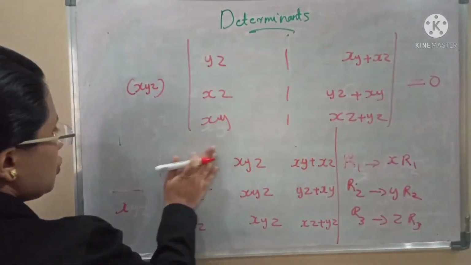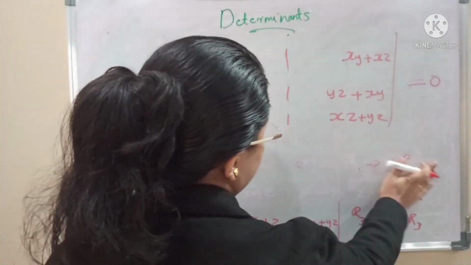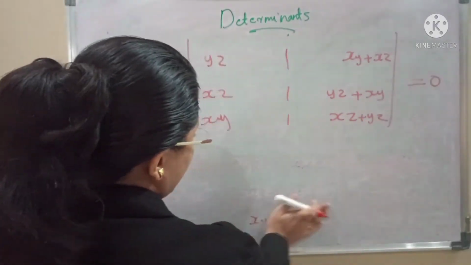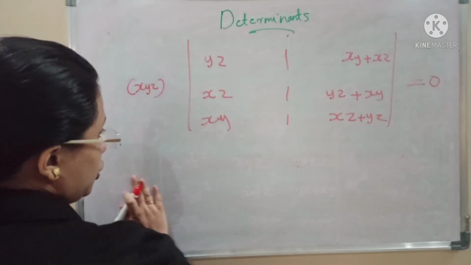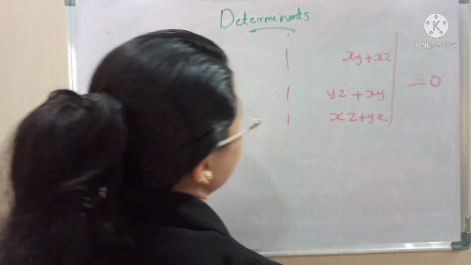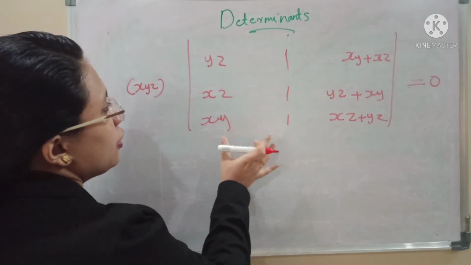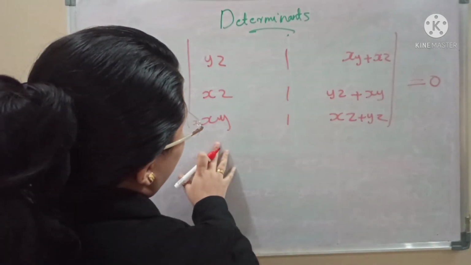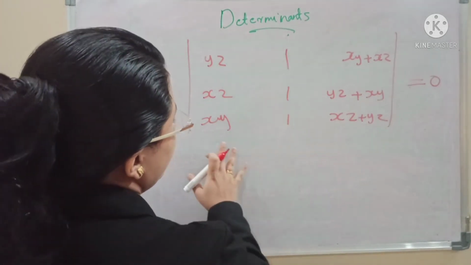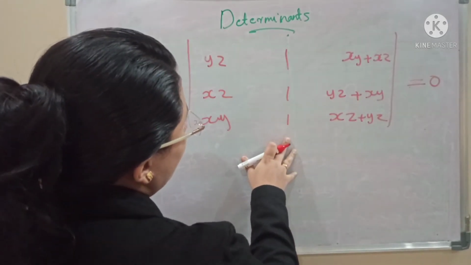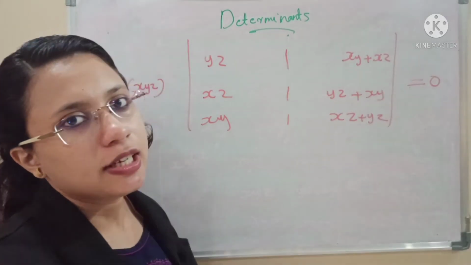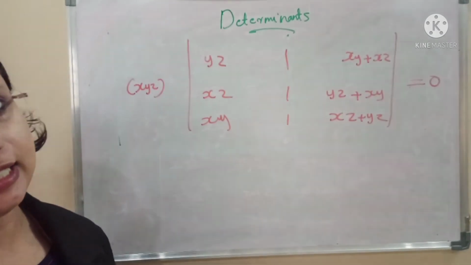Okay, so our next step will be, so if it needs to be 0, then definitely this determinant, if any 2 columns or 2 rows are identical.